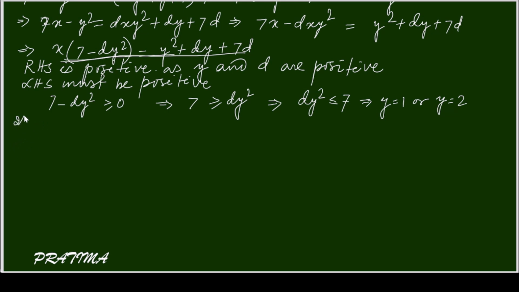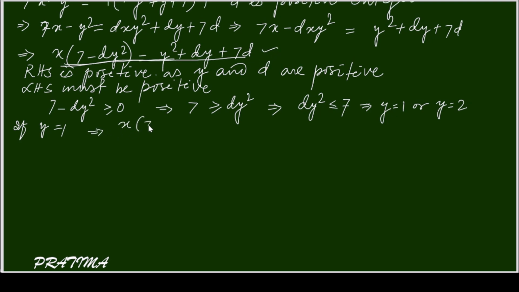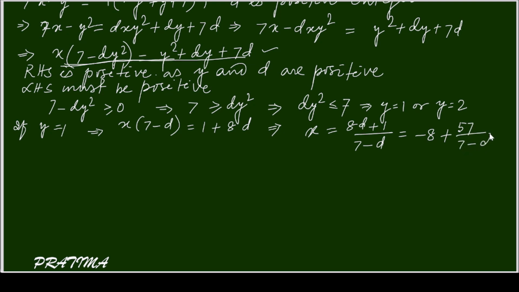Now if y equals 1, putting in this expression, x times 7 minus d equals 1 plus 8d, or x equals 8d plus 1 over 7 minus d. Since x is an integer, I am writing in integer form: minus 8 plus 57 over 7 minus d. To get x as an integer, 7 minus d must divide 57.